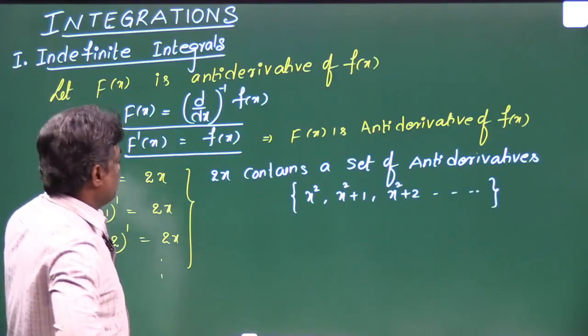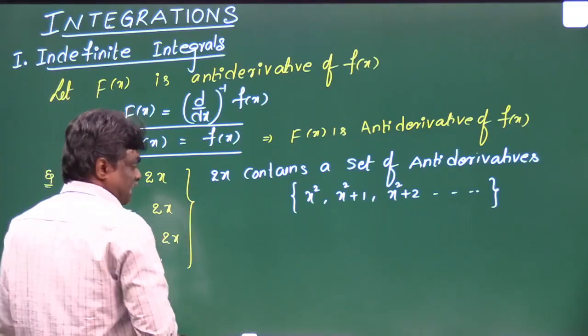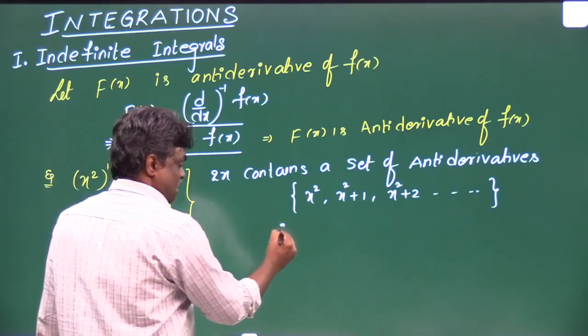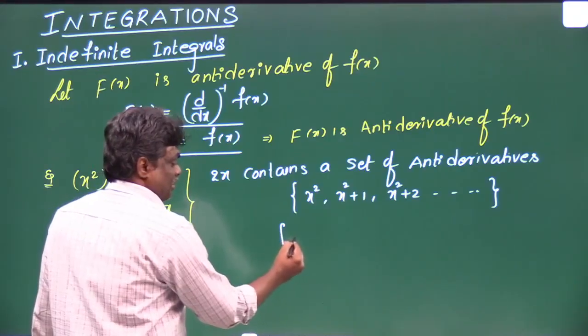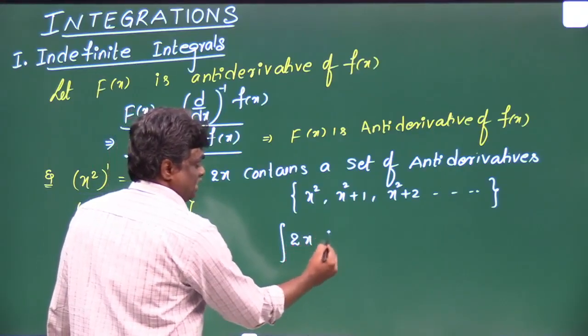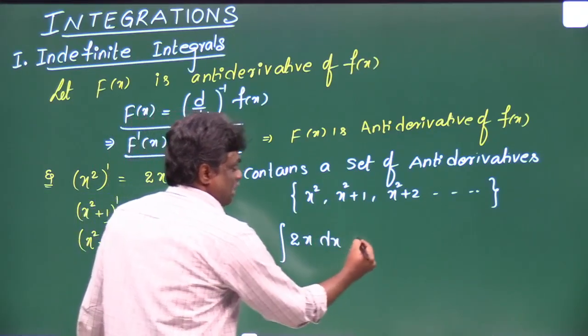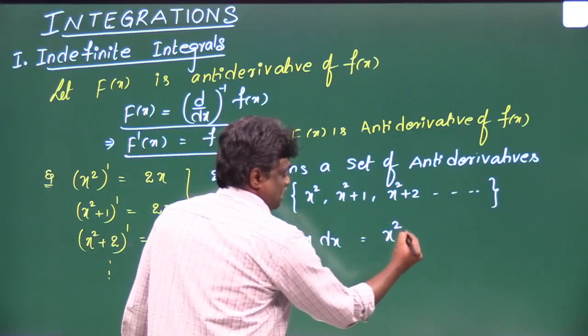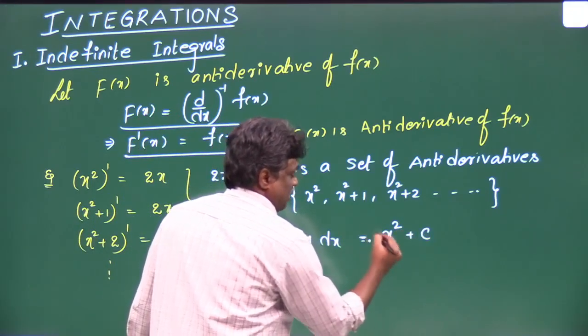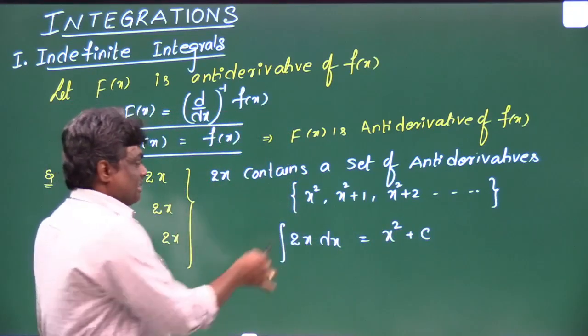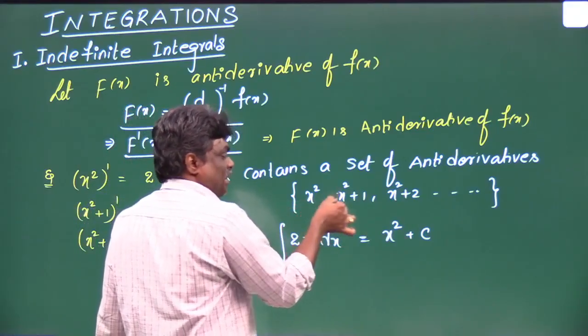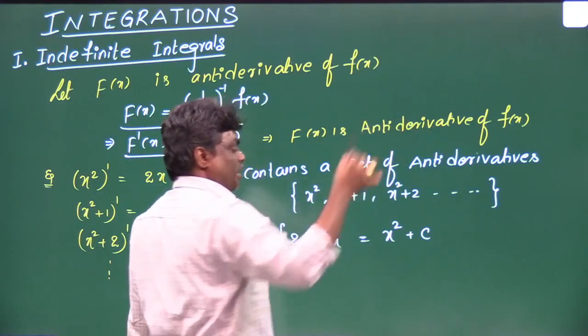So here we are defining an indefinite integral. I am taking the integral of 2x dx, which is equal to x square plus c. That means x square plus 1, x square plus 2, and so on.